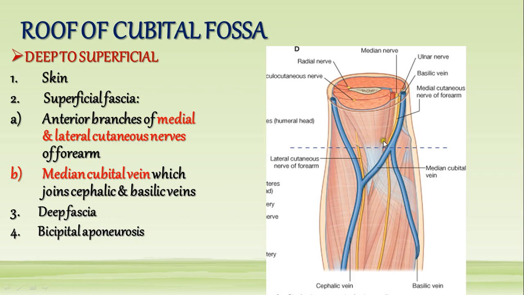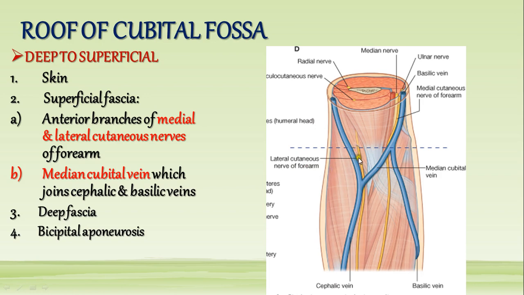So, what we find in the superficial fascia are two important nerves. Look at the figure. The medial cutaneous nerve of the forearm is present in the superficial fascia overlying the cubital fossa. Another nerve is the lateral cutaneous nerve of the forearm.